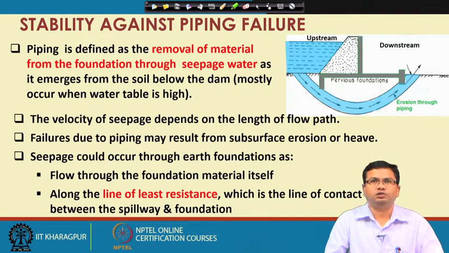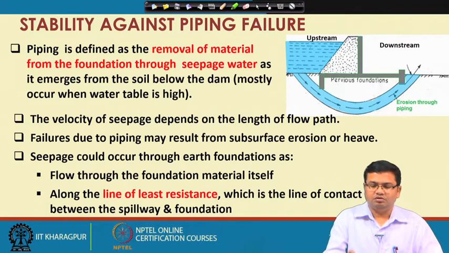If the upstream water table is high, it creates additional water pressure, and because of this the pervious foundation gets saturated, and when it gets saturated the upstream water pressure is causing the saturation of this foundation.